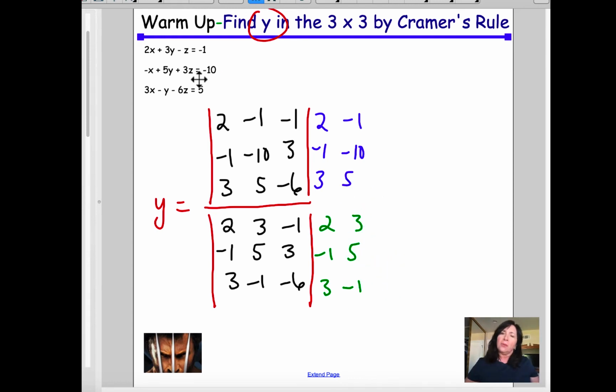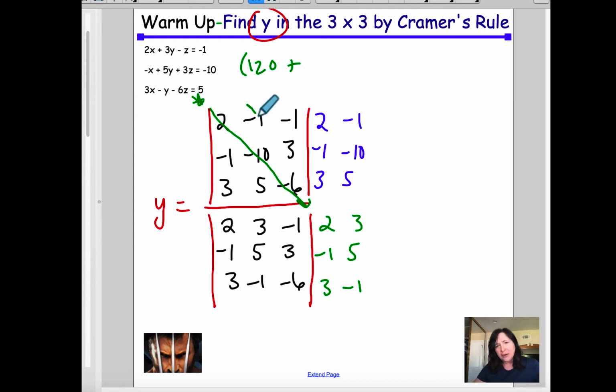All right, so we are going to start multiplying. We're going to start in the top left corner, always start in the top left, and we're going to multiply out. So we've got 2 times negative 10 times negative 6. So that's 20 times 6, that's going to be positive, and that's 120.